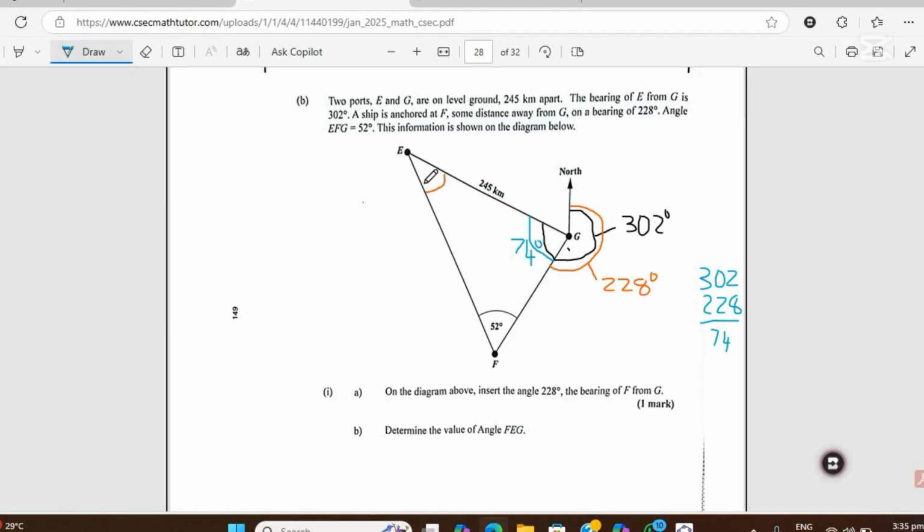Now, to find angle E, I would use my angle property about the sum of the angles in a triangle. We're going to be adding the 74 to the 52 since we know those two already. We need this sum in order to find angle E.